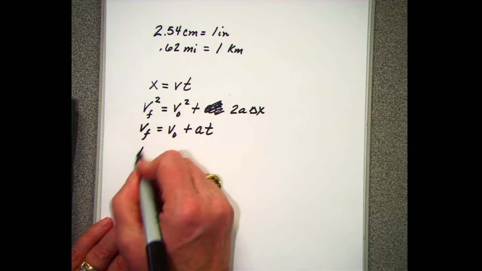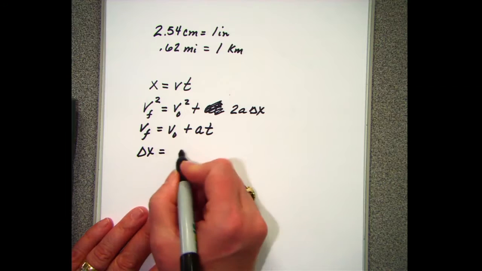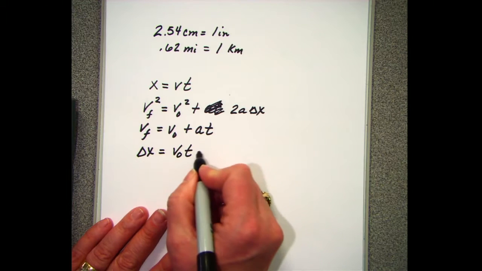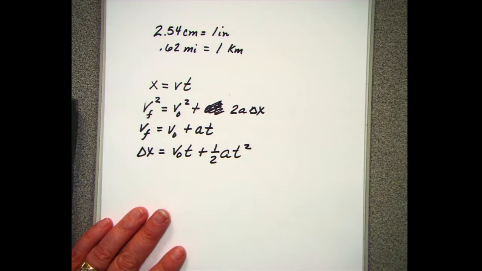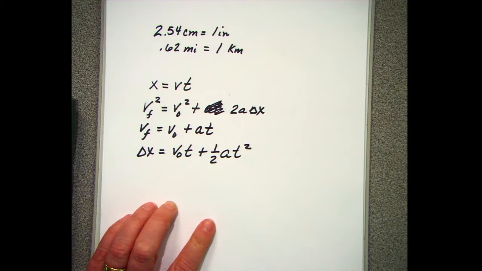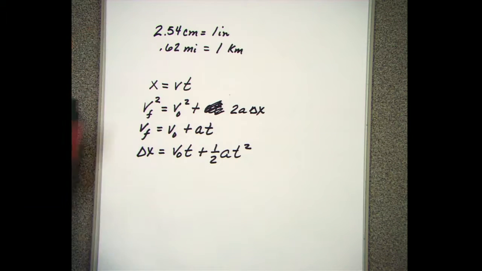And then I have my change in position is equal to v initial times time plus 1/2 at squared. Now if you want to, you can put these in terms of g and h, because with projectile motion we look at g and h. We can look at a variety of different things, but this is pretty much all I'm going to have to use.